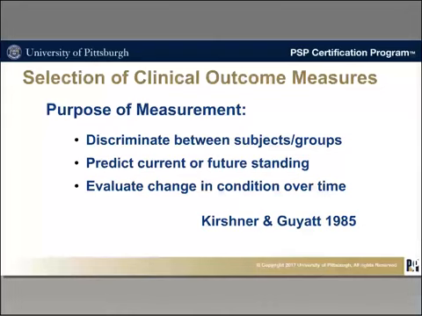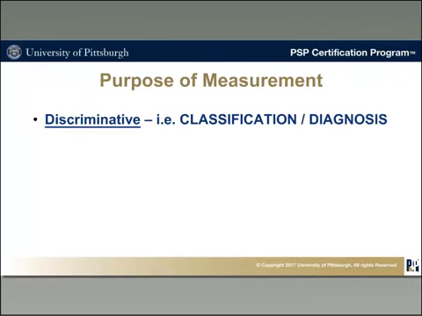So when we think about purpose of measurement, we can use these measures to discriminate between subjects or groups. That is, perhaps to classify or to diagnose individuals. We can use measures to predict their current or future standing, or we can use them to evaluate the change in their condition over time.